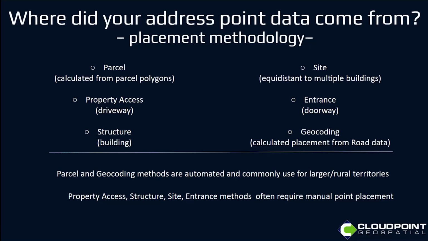The rest of those methodologies require often manual point placement. So it requires a secondary level of oversight to look at where the address point is and where it should be for it to be as accurate as possible.